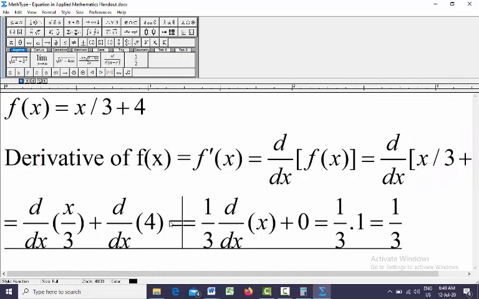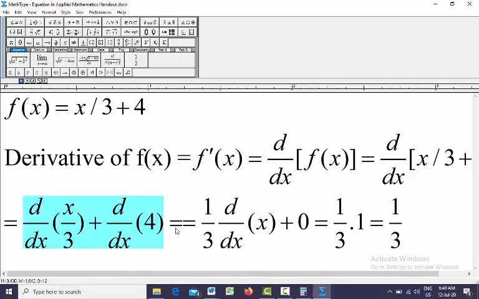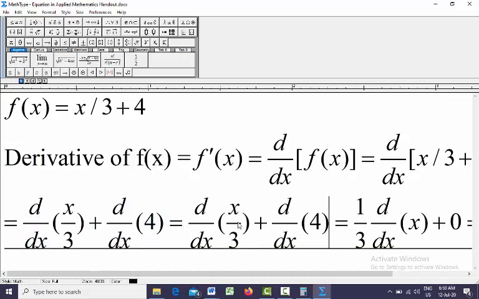Right, so you have to separate, and then let me do one more step here so that you get a clearer picture. You need to bring the x out from the number.